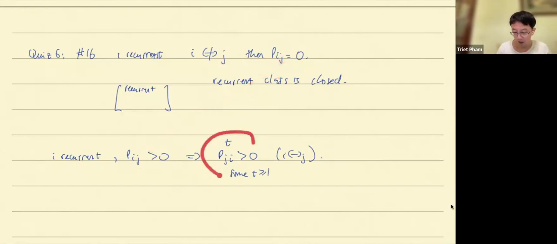I just need to be able to return to state i starting at j. I don't need to do it in one step, but it still makes it into one communicating class. How so?